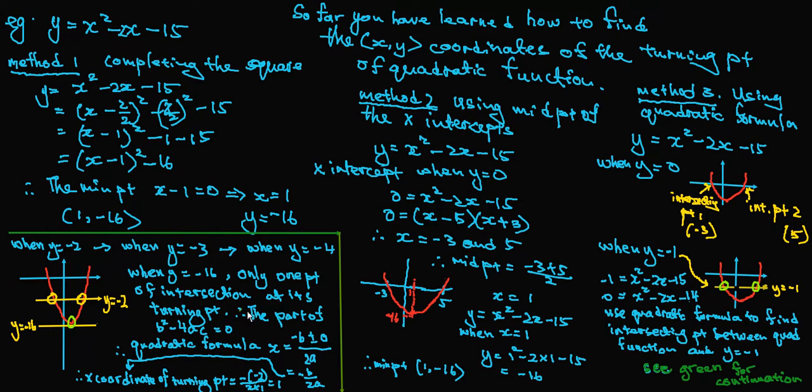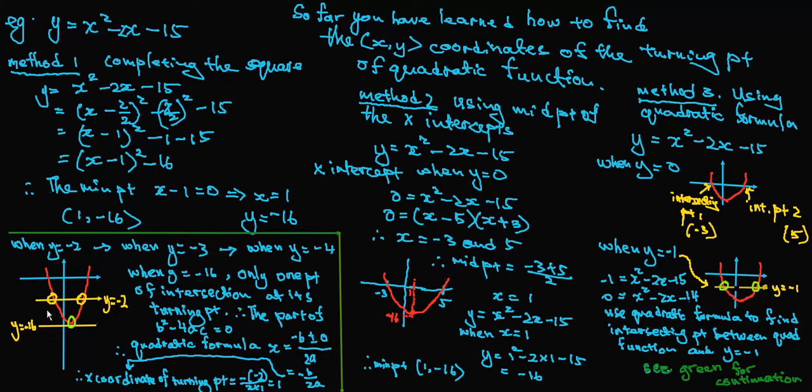It means that the part of the quadratic formula, b squared minus 4ac, is equal to 0. So as a result, in the quadratic formula x equal to minus b plus minus the square root of b squared minus 4ac, the square root part becomes 0.